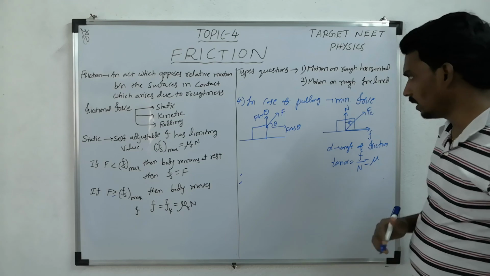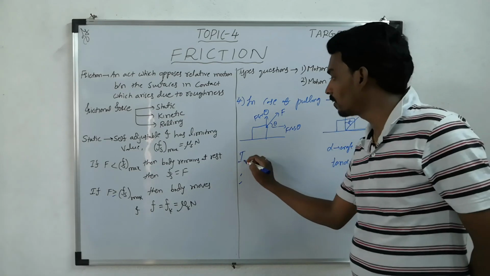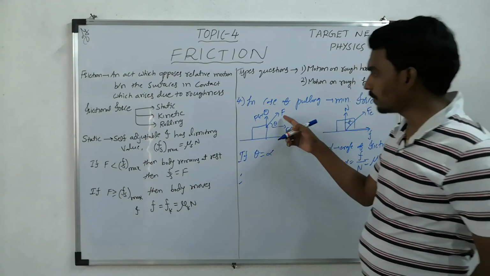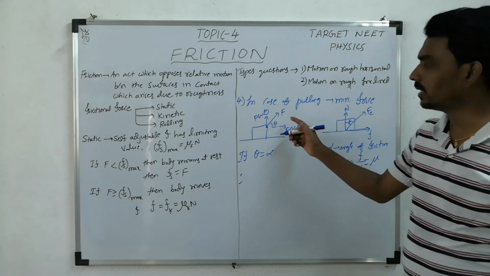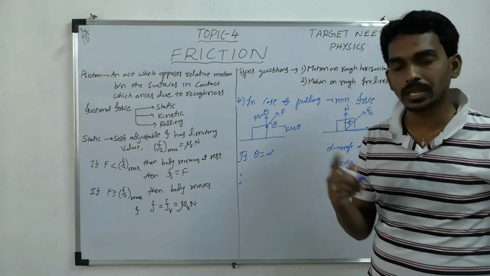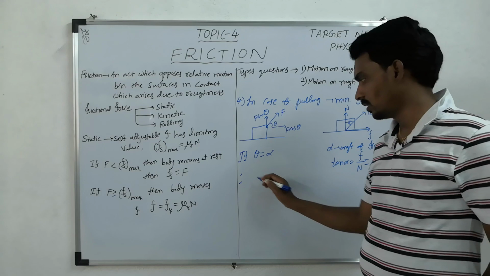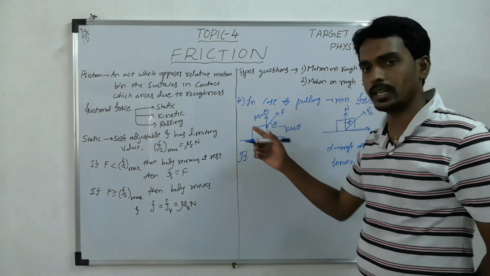So this condition is utilized here. If this theta is alpha, the angle at which you are applying force is exactly equal to the angle of friction, then the force required is minimum. So here, minimum force required to move the body means it is ready to move.